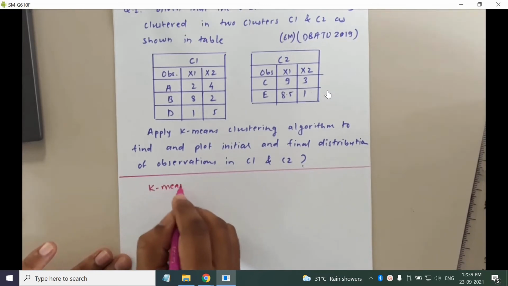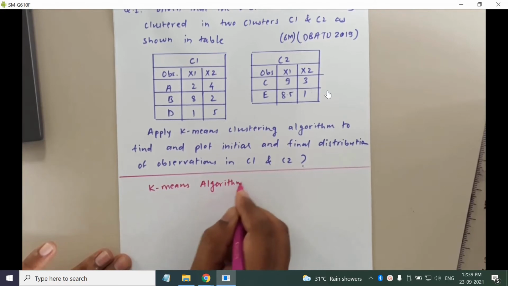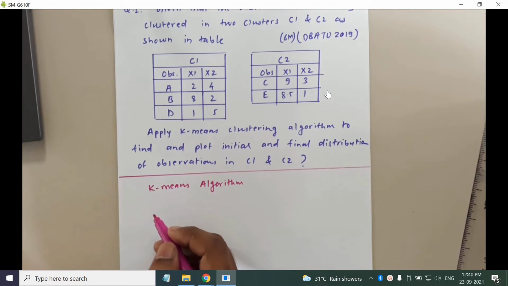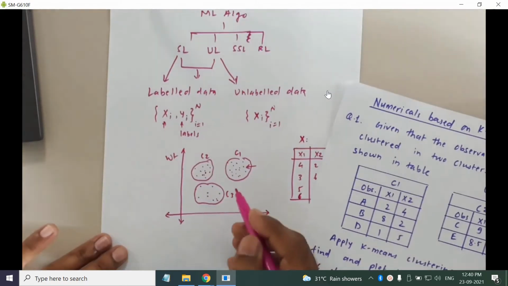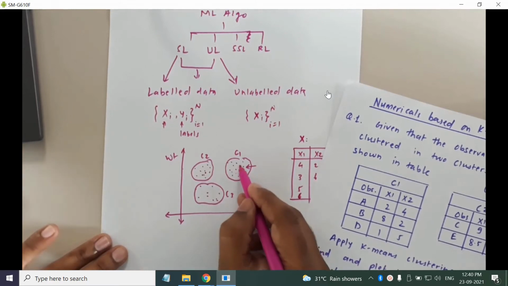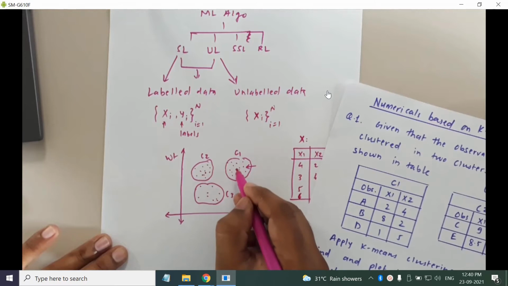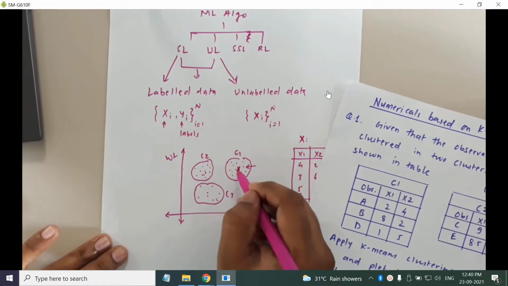K-means algorithm. So first try to understand the name of this algorithm. K-means: mean means average, right? So in this example you have three clusters. We will have one mean for each cluster, that is the center of that cluster. It will be at the center location of that cluster.